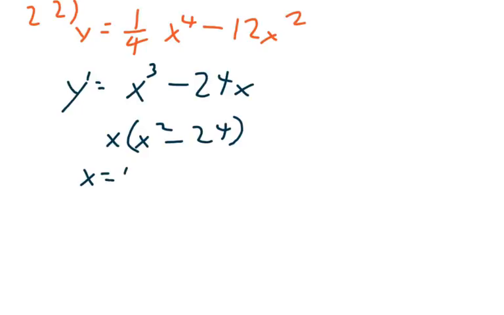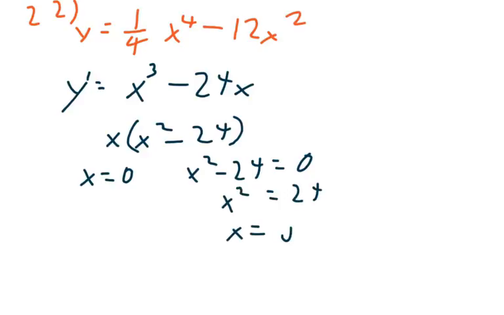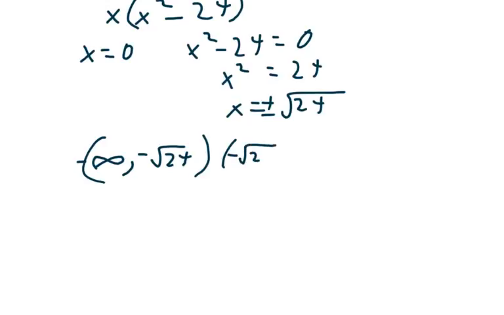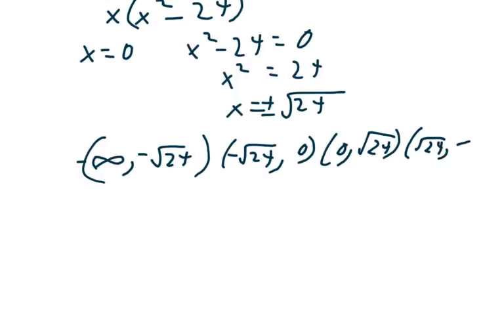So I got x equals 0, and x squared minus 24 equals 0, which means x squared equals 24, and for the purposes of this one, I'm going to leave it as the exact answer of plus or minus the square root of 24. And so I'm going to go from negative infinity to negative square root of 24, from negative square root of 24 to 0, from 0 to the square root of 24, and from the square root of 24 to infinity.